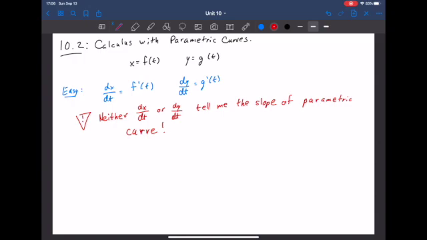It just isn't, okay? It can tell you other things. They will tell you something like, how is x changing over time? How is y changing over time? What's the velocity in the x direction? What's the velocity in the y direction?